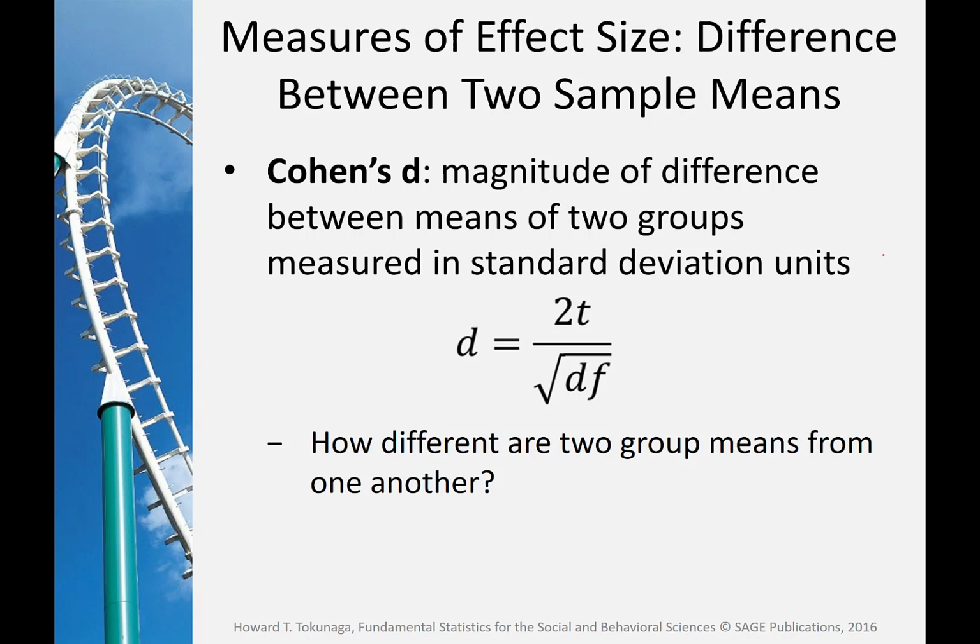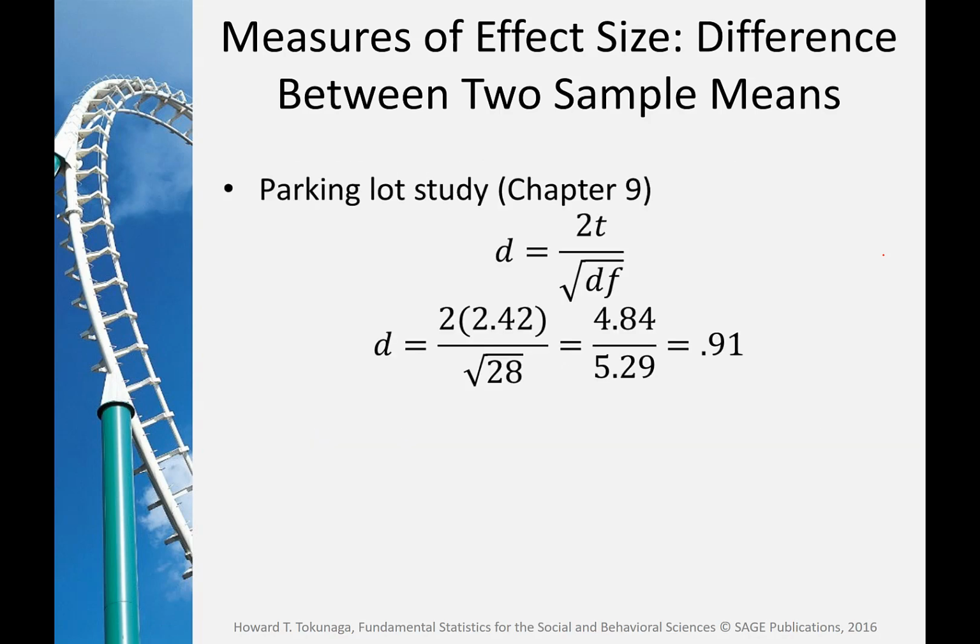So again, we're taking the difference that we observe relative to the variance that we observe as another way to examine whether or not, I don't want to say that we were correct, but how much of an effect that difference is.